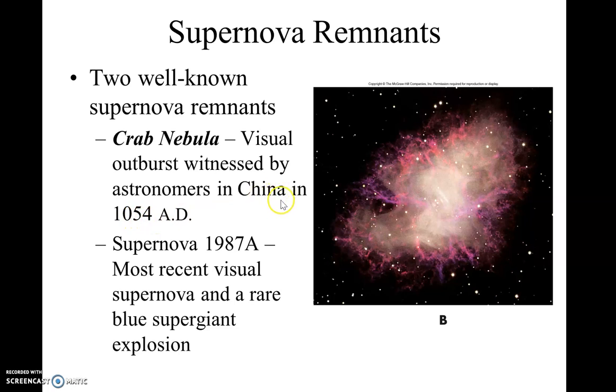And there were Chinese astronomers who wrote down this new star, this supernova that was seen in the constellation Taurus, and it's still there, of course. You can't see it anymore without a telescope, but this is what it looks like. This is the supernova remnant, and of course it's expanding.